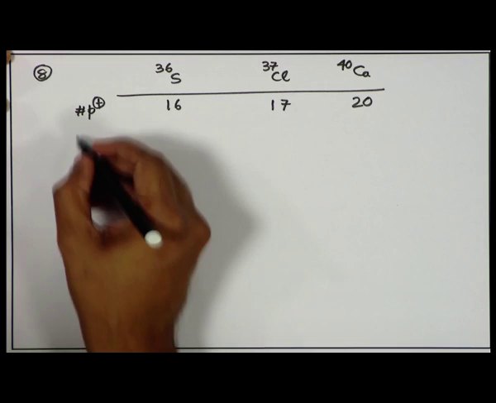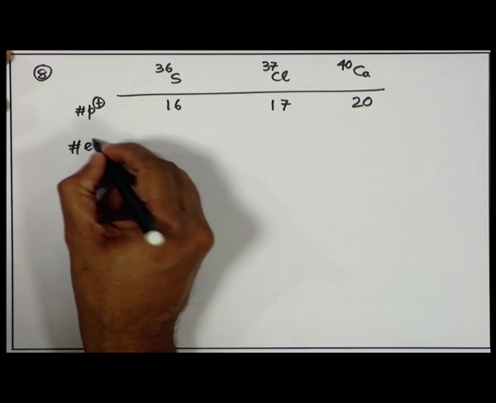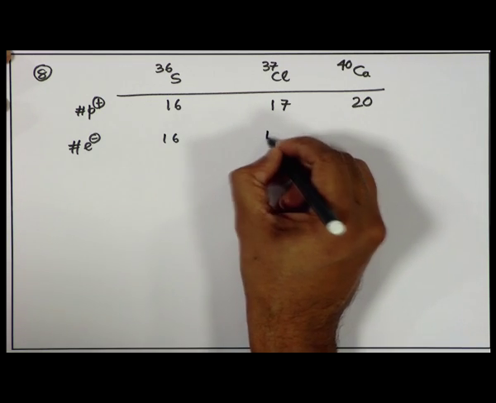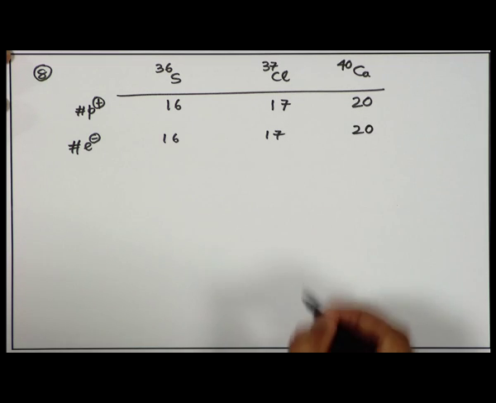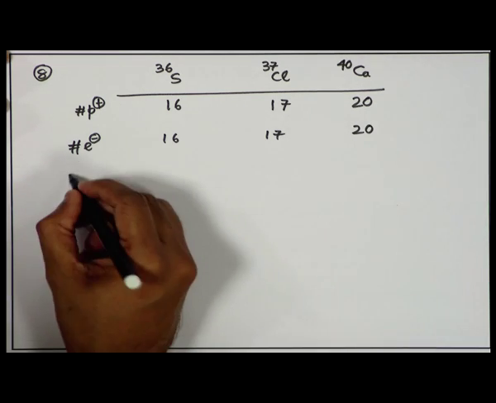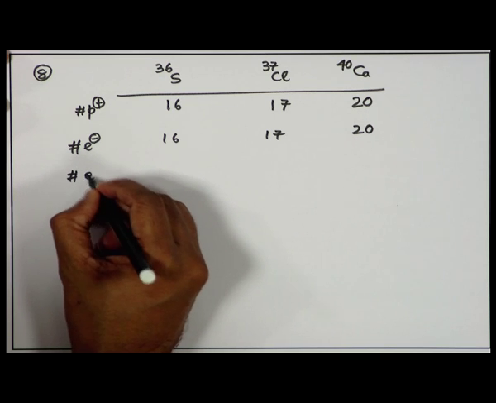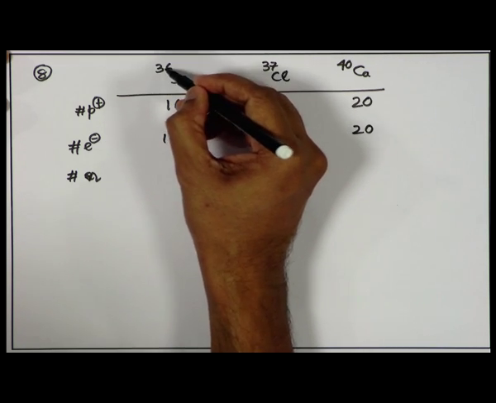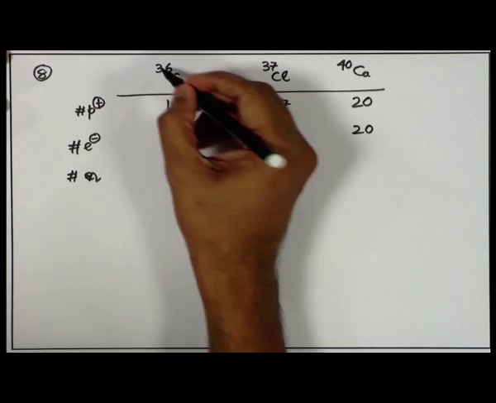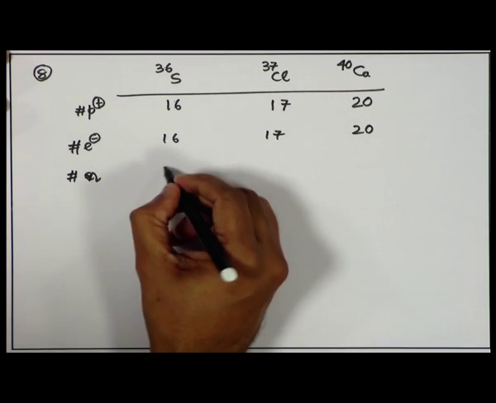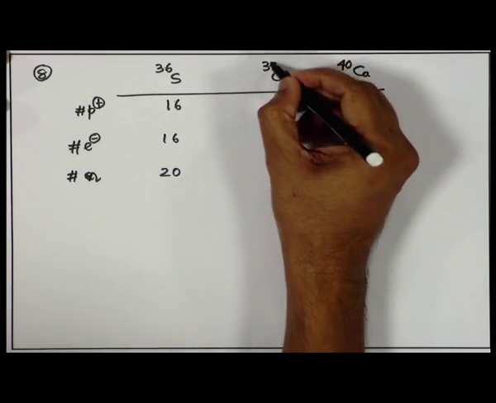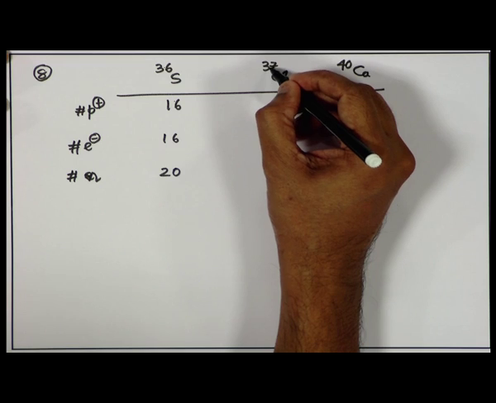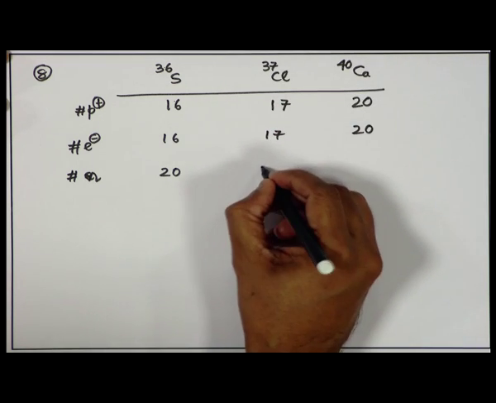I know this from the periodic table. Number of electrons: since all three species are neutral, the number of electrons is equal to the number of protons, otherwise they would be charged. Number of neutrons: in this case there are 16 protons and mass number 36. So, the number of neutrons is 36 minus 16, which is 20. In this case, the number of protons is 17, the mass number is 37. So, the number of neutrons is 37 minus 17, which is 20.